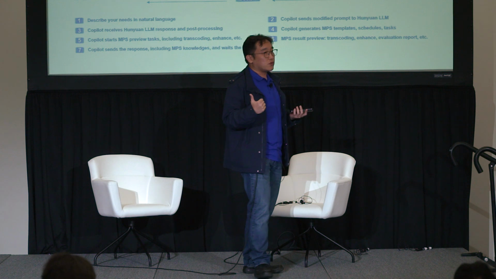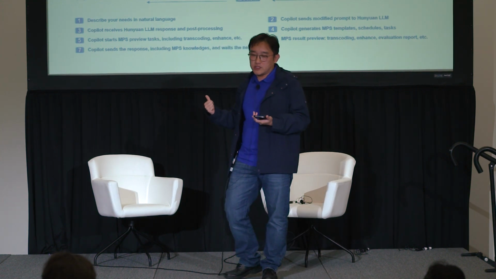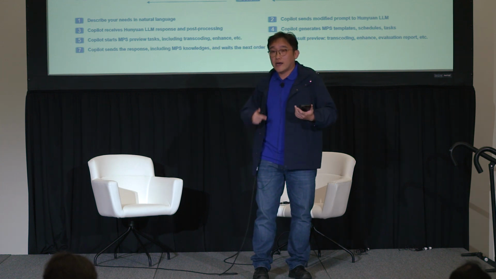Our copilot takes the user's direction, the order, does a parse, then sends the parsed sentence to the LLM, which we call Tencent Hunyuan LLM. Then Hunyuan sends back the embedded, vectorized language, and the copilot can understand and execute the corresponding process.